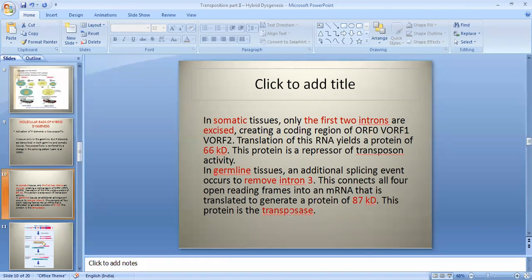That is why it gets activated in germline: we get the bigger protein, transposase, and when transposase is there, only then will it be transposed and get activated.